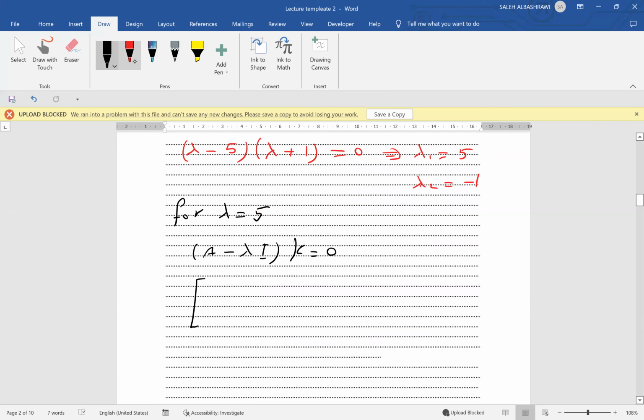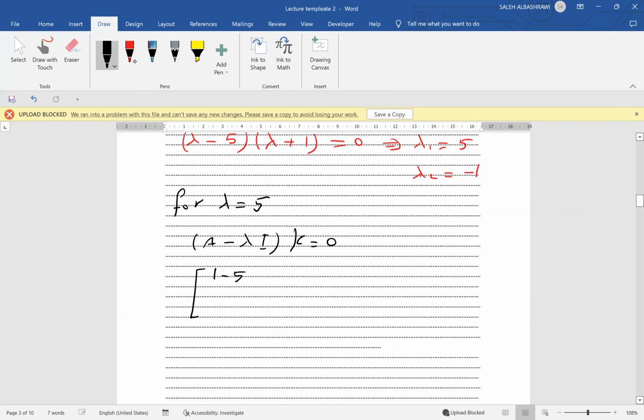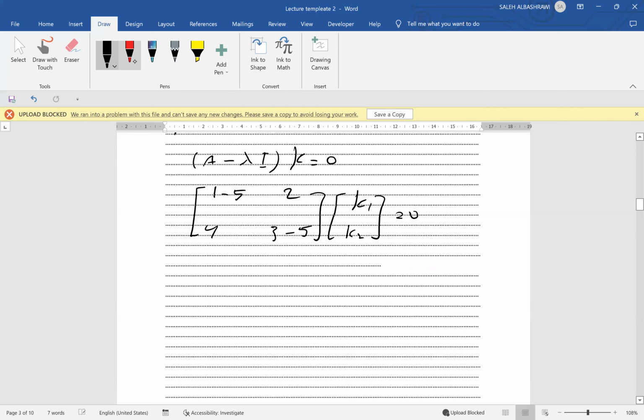So 1 minus 5, 2, 4, and 3 minus 5 multiplied by k, which is equal to k1 and k2, equal to 0. 1 minus 5 is equal to minus 4, 2, 4, 3 minus 5 is minus 2, multiplied by K1 and K2 equal to 0.